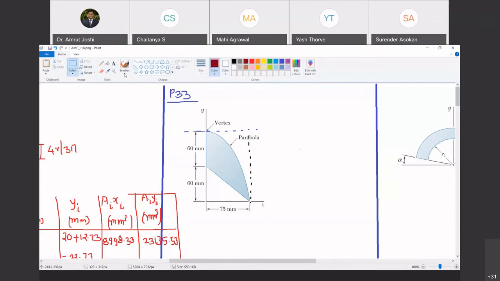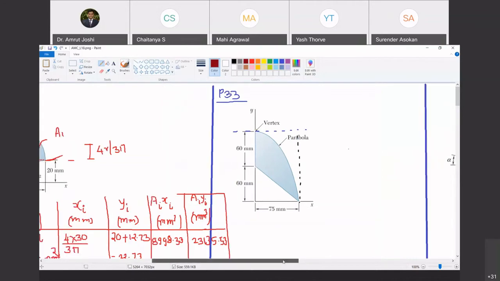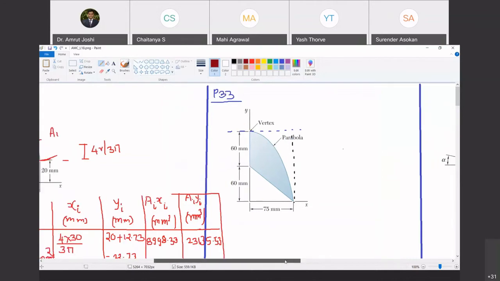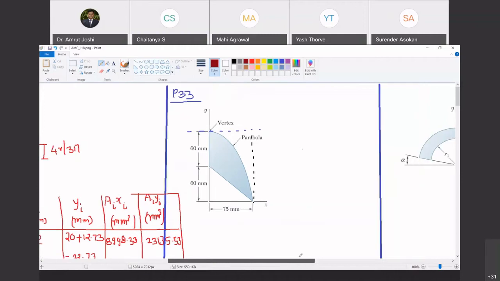Now, sir, we can take the centroid of the rectangle and then minus the centroids of the parabola and the lower triangle.